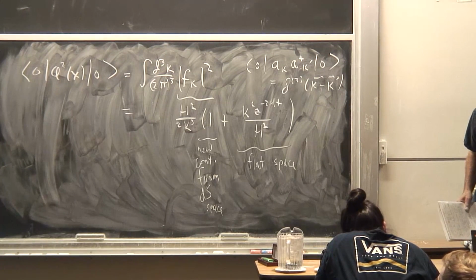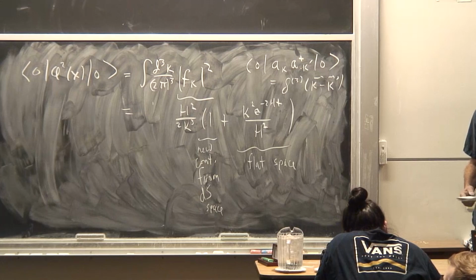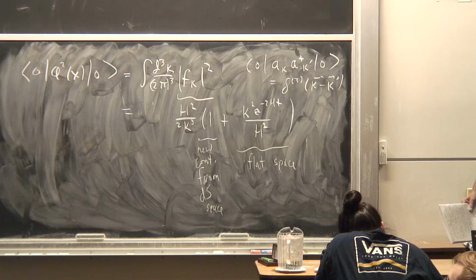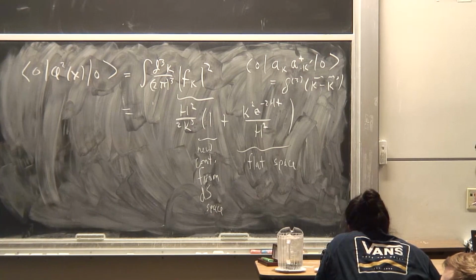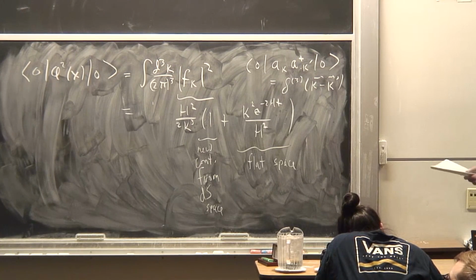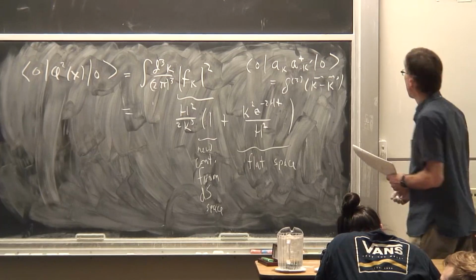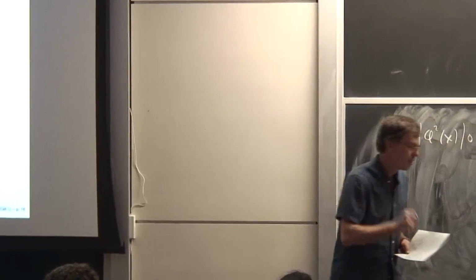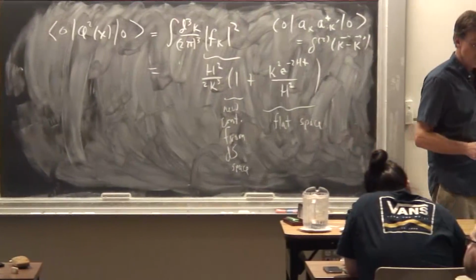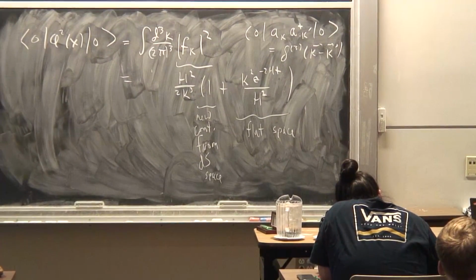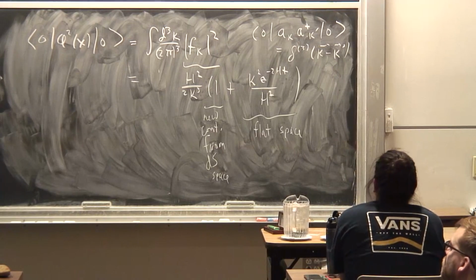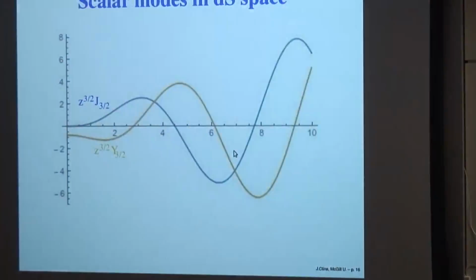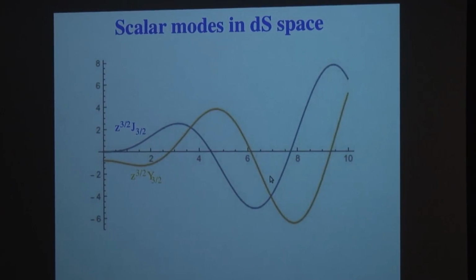And this is a picture of these de Sitter modes. It's showing that these modes are frozen after horizon crossing. So for z greater than 1, these modes are oscillating. For z less than 1, they're freezing out to some constant values.